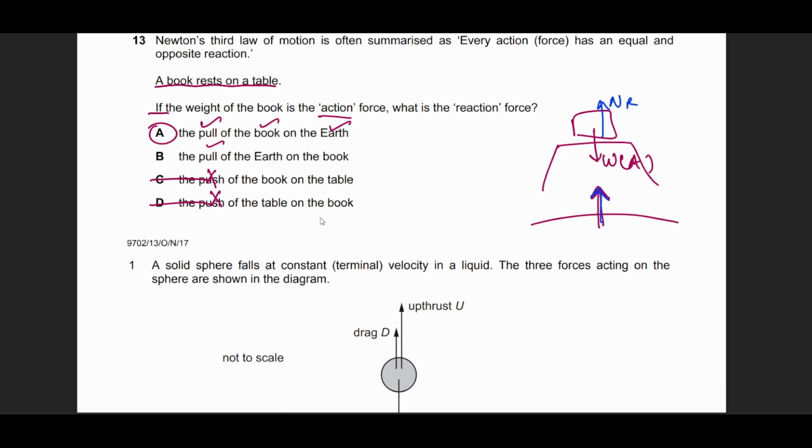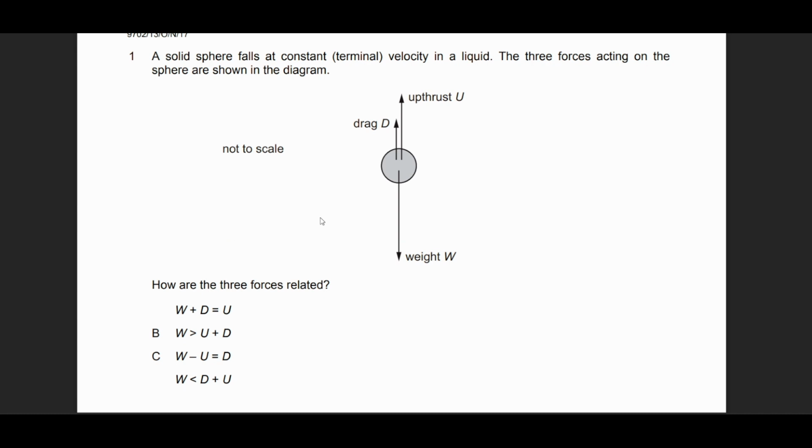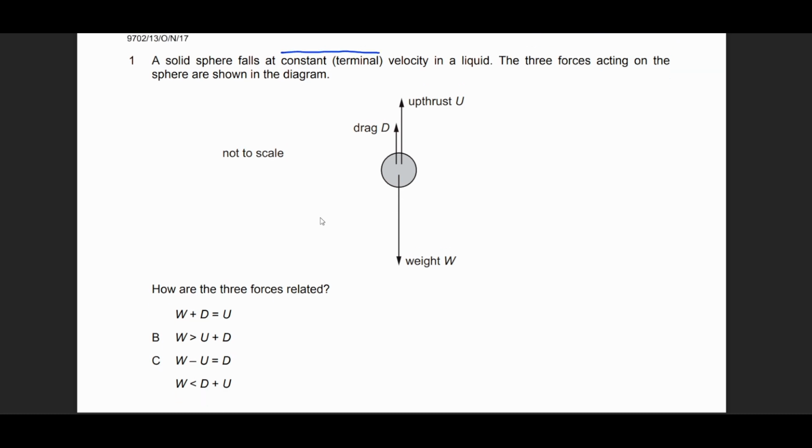Okay. All right. So next question is about second law. We're going to discuss multiple options. Now, first of all, it tells me that it is moving at a terminal velocity. If it is moving at a terminal velocity, that means the acceleration is 0. That means that the resultant forces are 0. That means that all the upward forces and the downward forces are basically equal.